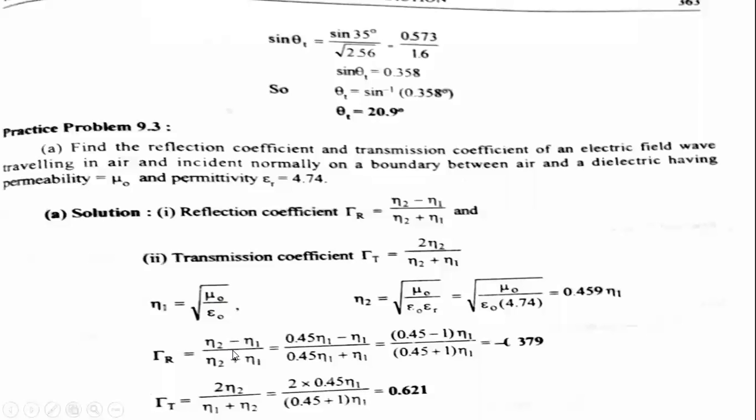So eta 2 is nothing but 0.459 eta 1, minus eta 1, plus eta 1. So 0.49 minus 0.45 eta 1, the common factor will be eta 1. The 0.45 minus 1 is 0.45 plus 1. You can see eta 1 will be cancelled out.